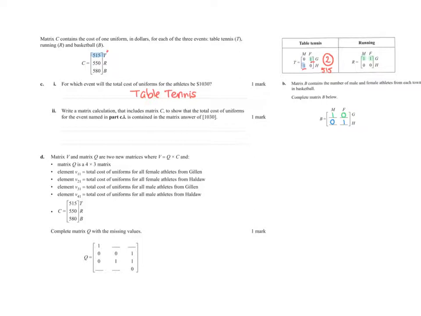Write a matrix calculation that includes matrix C to show the total cost of uniforms for the event named in part C I. So you want to use C. If I write out C, 515, 550, 580, I want to multiply it by 2, just this 515.